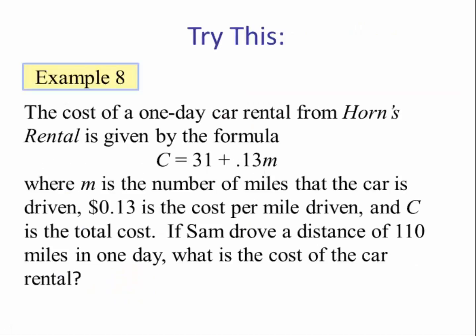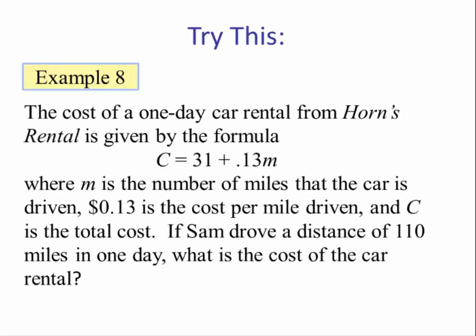Example 8. The cost of a one-day car rental from Horns Rental is given by the formula C equals 31 plus 0.13m, where m is the number of miles that the car is driven, 0.13 is the cost per mile driven, and c is the total cost.